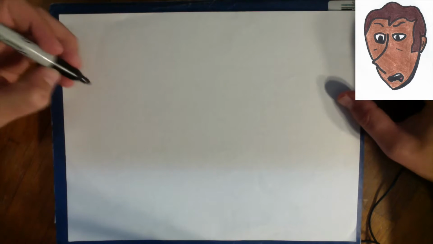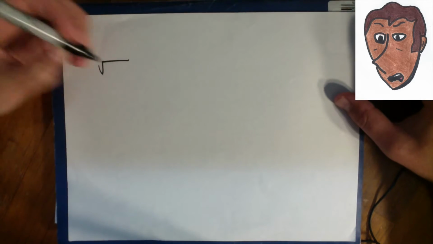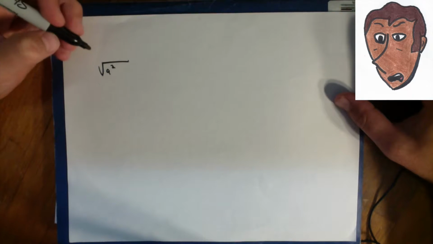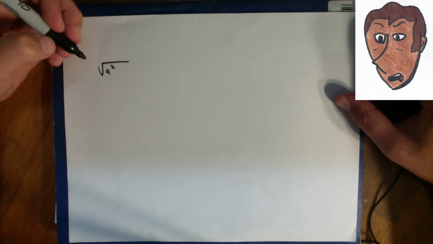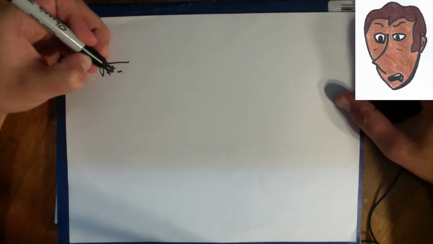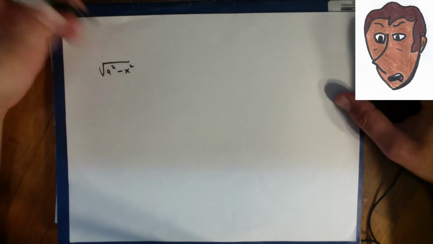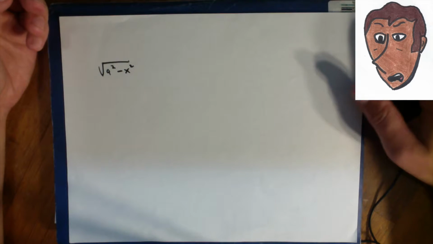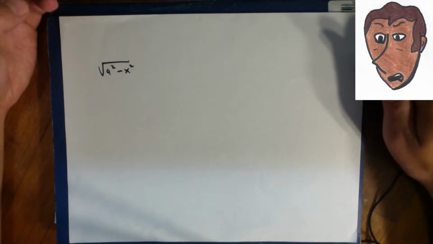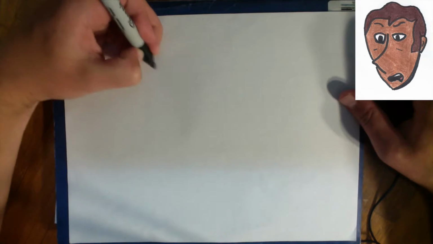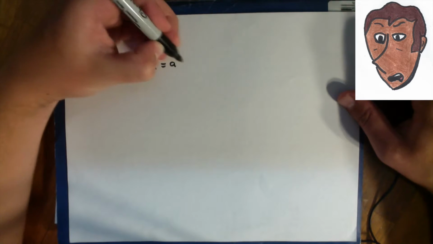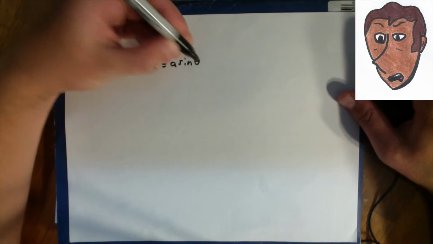So if you see an integral and it has the form a squared minus x squared, like we had in our last example, you can use the substitution x equals a sine theta.